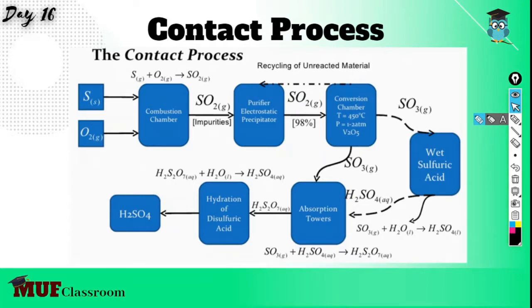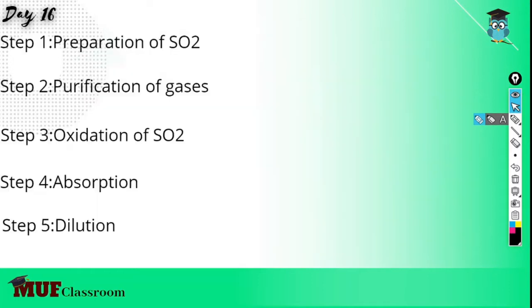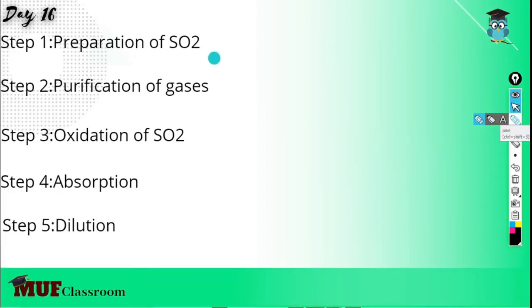Now, let's get into the MUF classroom and try writing the equations as shown in this figure. As we discussed, in the first step we have preparation of sulfur dioxide. Sulfur, which is a solid, reacts with oxygen, a gas.